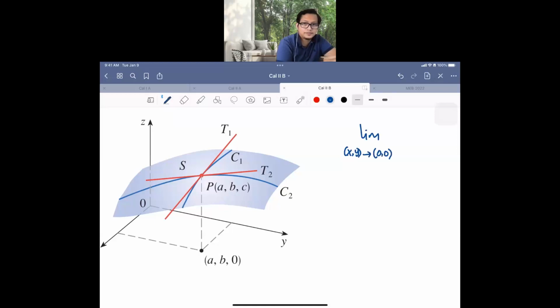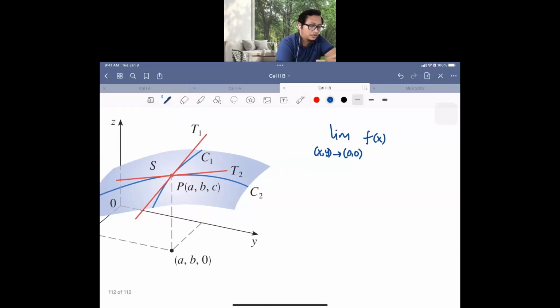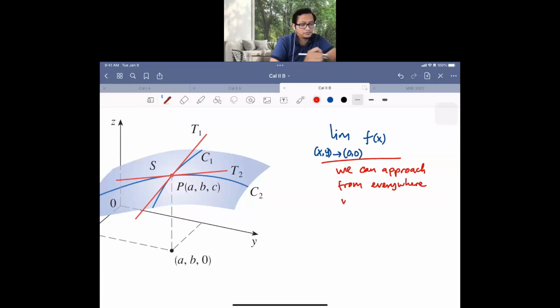It means that we can approach from every direction, from everywhere within the domain, right? Within the domain. Okay.